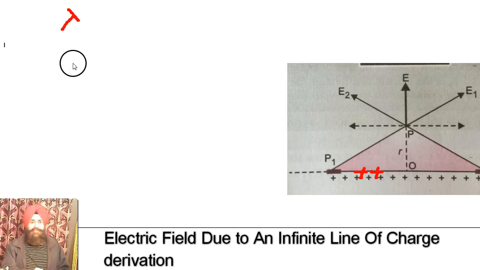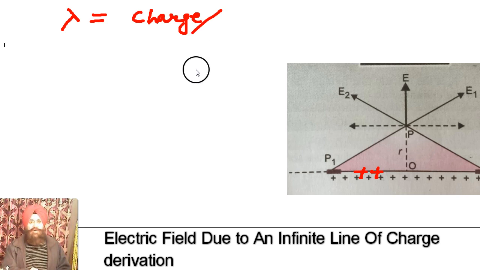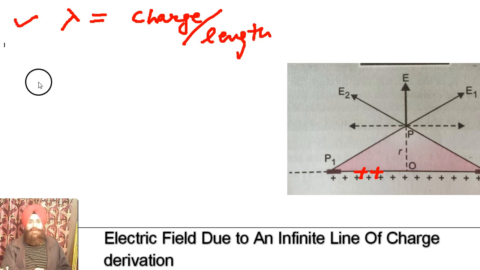Linear charge density means lambda, that means charge per unit length. Charge per unit length is called linear charge density.